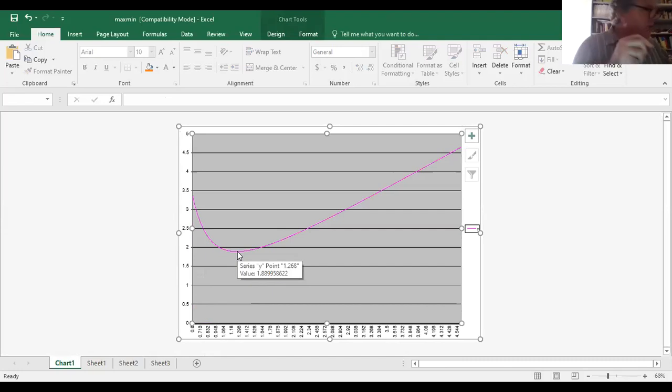That looks like around 1.268 when y is around 1.89, okay, around 1.9. So we see that there is a minimum, and all we've got to do is take the derivative, set it equal to 0, and solve that, and that will answer the question. We don't have to then classify anything whatsoever.